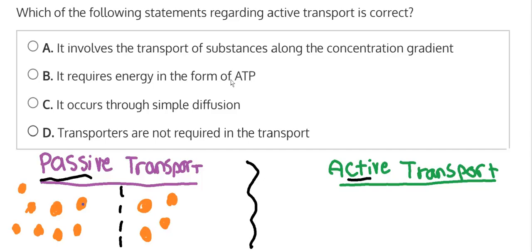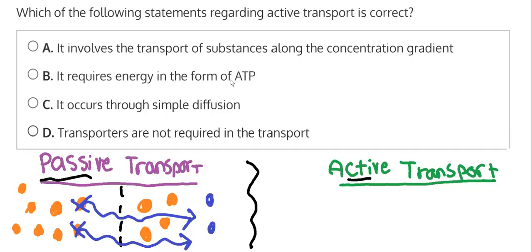So if the molecules start to move, let's say this one moves inside, now you have 5 in here, now you have 6 in here. Then if these two move inside, now you have 6 on the inside and 6 on the outside, so it's balanced, equilibrium, and you don't need any extra energy to do so. It just moves across the gradient to equal things out.